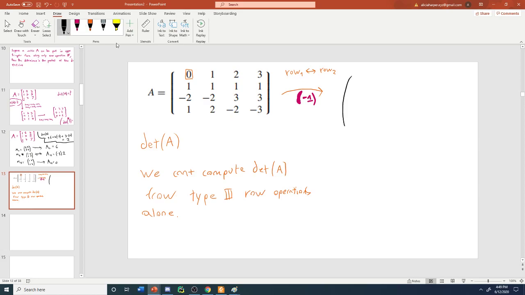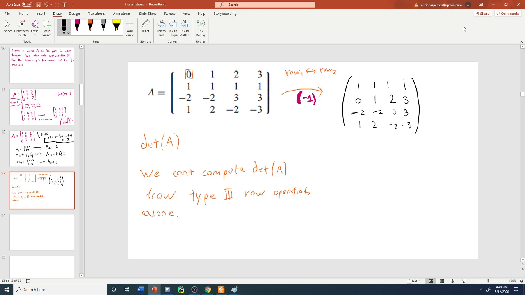But after I do this, I have 1, 1, 1, 1, 0, 1, 2, 3, and then -2, -2, 3, 3, and then 1, 2, -2, -3. And this is much better because now I have a 1 here, and that gives me something to work with.